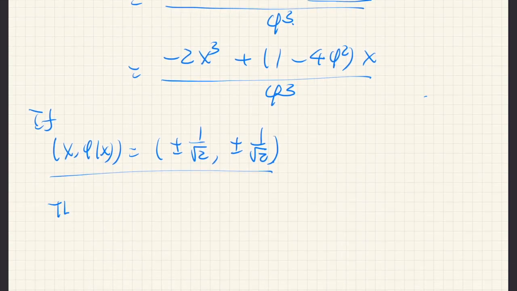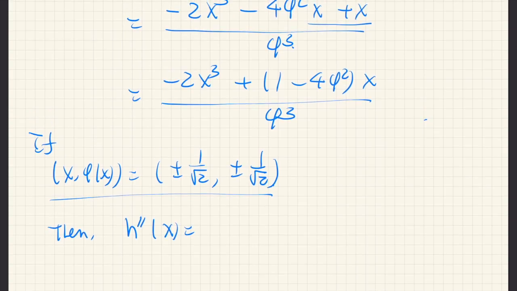Then h double prime of x is, so this is negative 2 and okay, let's say we take the positive part, positive 1 over square root of 2 and positive 1 over square root of 2. In that case, we have this and 1 minus 4.